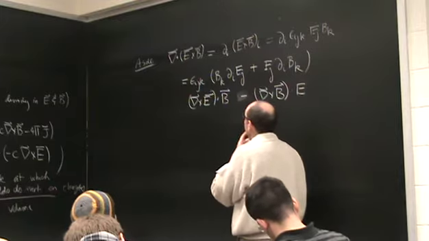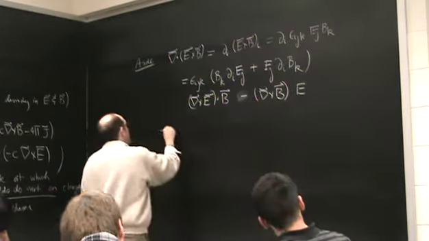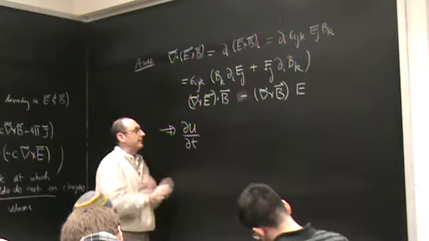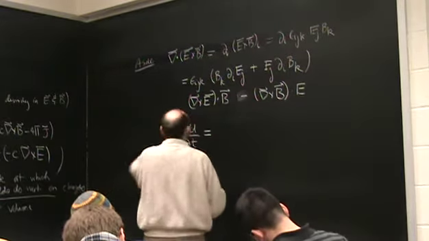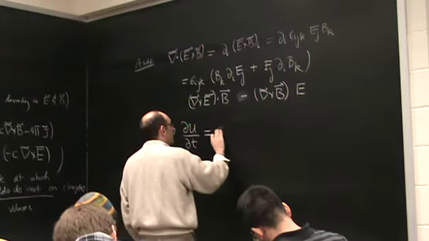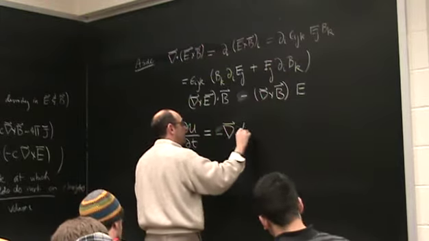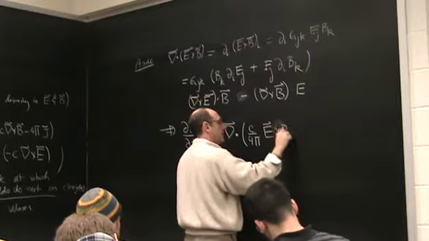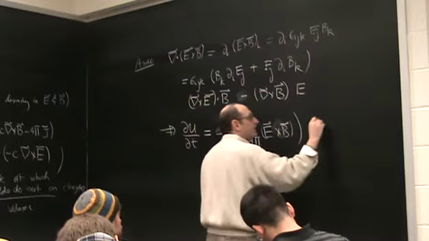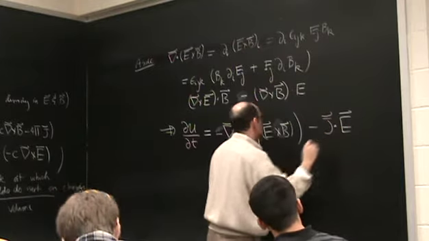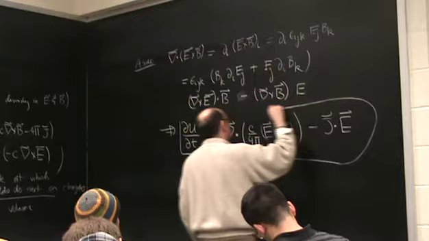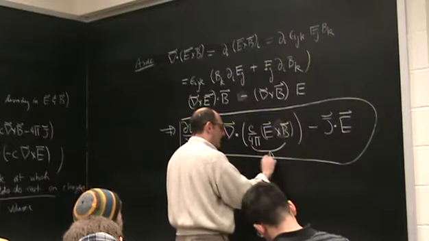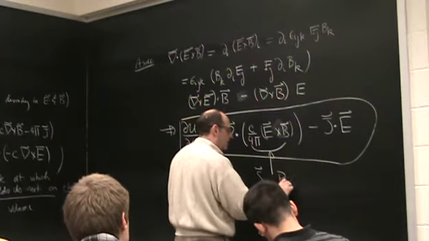So, what do we have here? It says here, thus, that the rate of change of electromagnetic energy in both the electric and magnetic field is equal to, have the negative of this, have minus del dot c over 4 pi E cross B, minus J dot E. And this quantity is known as S, is known as the Poynting vector.